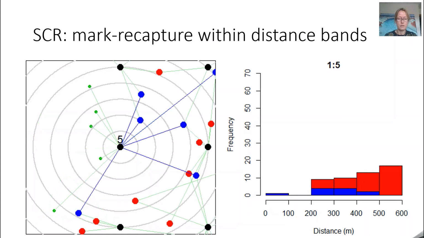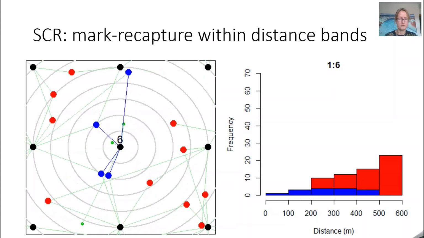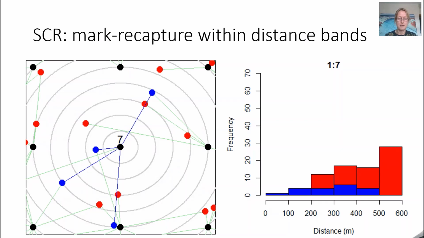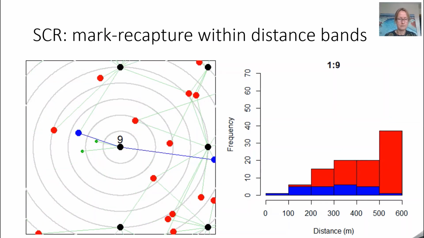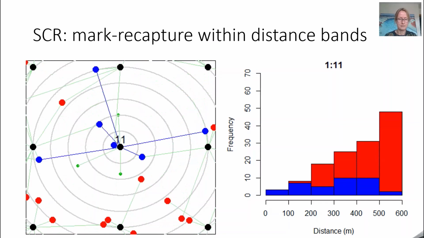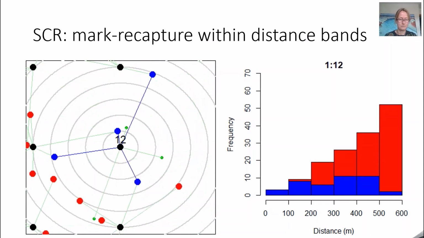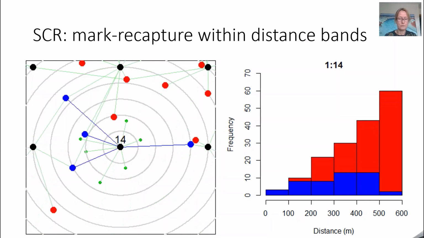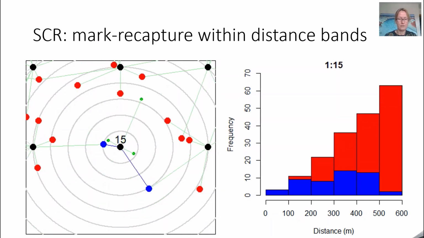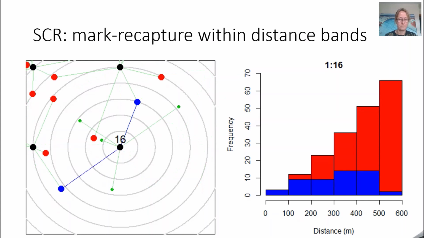So we keep doing this for each of the detectors and keep adding the successes and failures to the histogram. And eventually, we will end up with a distribution of observed successes and failures, just like our black and gray histogram from before.